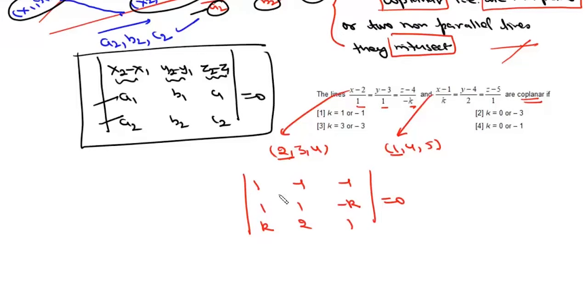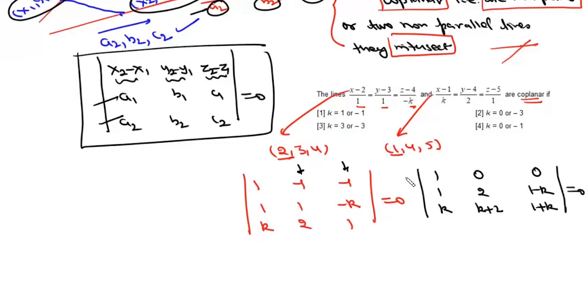Now what we'll do is we'll write c3 as c1 plus c3 and c2 as c1 plus c2. So it will be this 1 1 k, here will be 0 2 and k plus 2, and here will be 0, 1 minus k and 1 plus k.